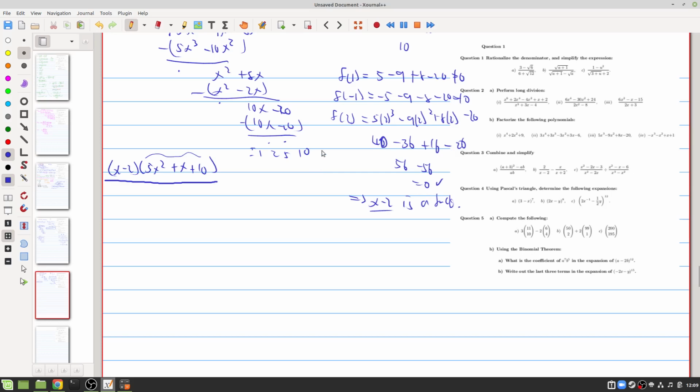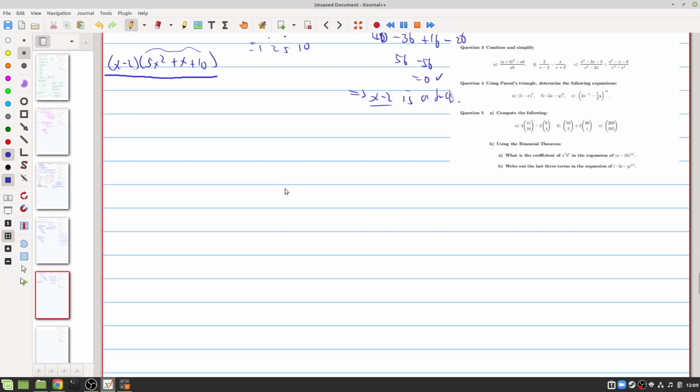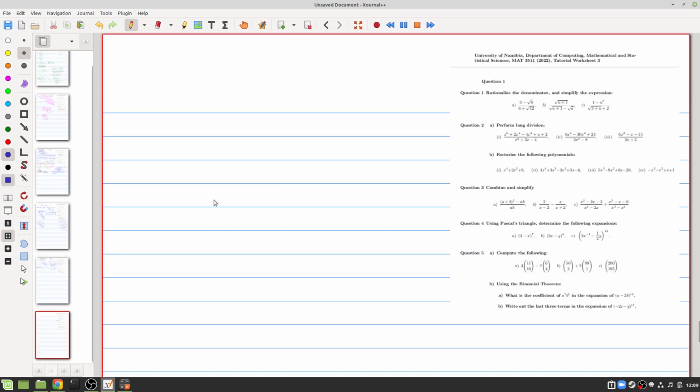Okay, oh, there's one more. Let's do the last one here for question B. So it's B4. We've got negative x cubed minus x squared plus x plus 1. I want to factorize this for you. Here we can actually do grouping.